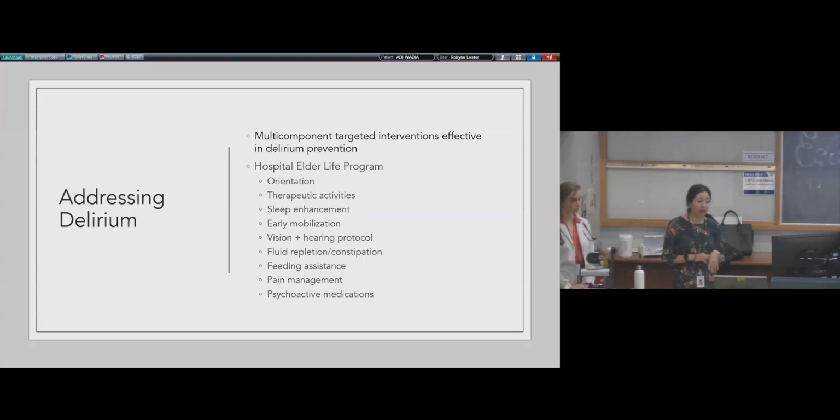And then also looking at pain management and using psychoactive medications judiciously. So I always recommend that the non-pharmacological interventions where the evidence lies for there to be benefit should be optimized before we start pulling out the loxapines and the quetiapines to try to manage delirium.